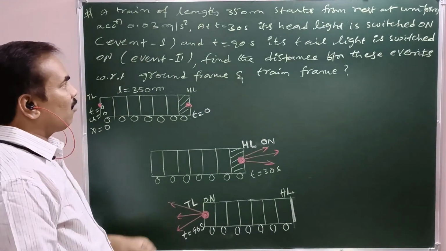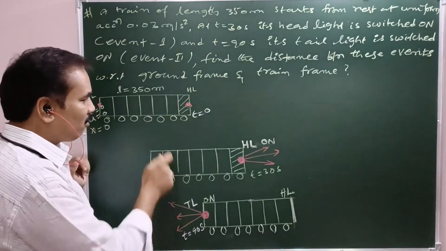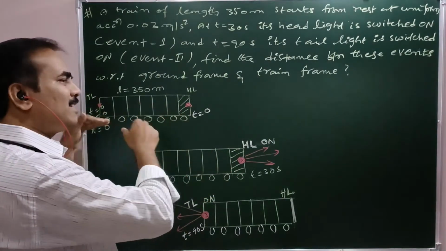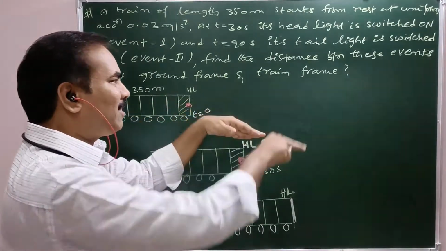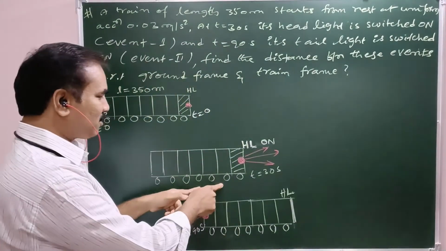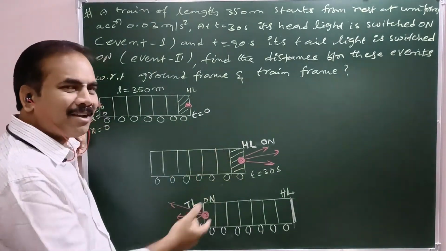Now after 30 seconds, headlight is switched on. Of course, the train is moving along a straight line with constant acceleration, but I drew the diagrams on the bottom to make you better understand.